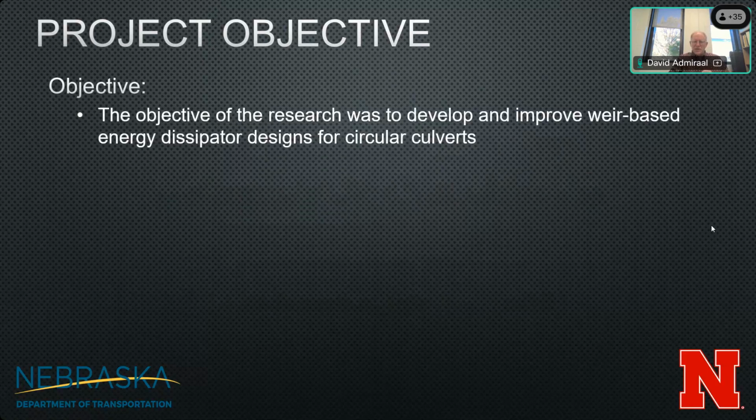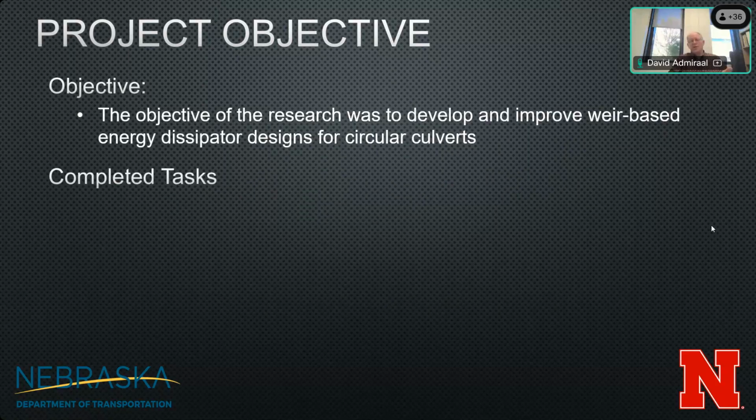The staggered weir was just a slight variation on a regular weir. I'll talk about what those are if you're unfamiliar with them. But because of this variation, we wanted to make sure that it was behaving properly, that it would do the energy dissipation as good as or better than a full-length weir. And so that was the main reason for this project.